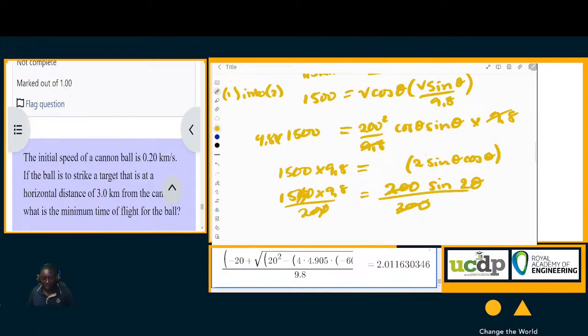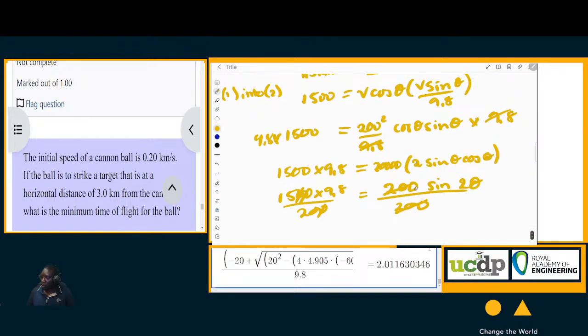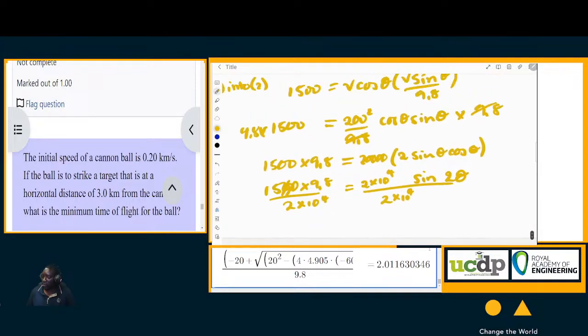So we have 40,000, and if we divide by 2, that's 20,000, which is 2 times 10 to the 4. So that we've got 2 sin theta cos theta, if you remember.